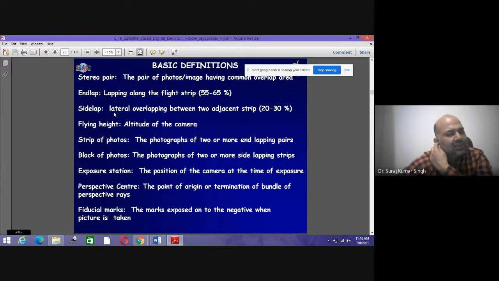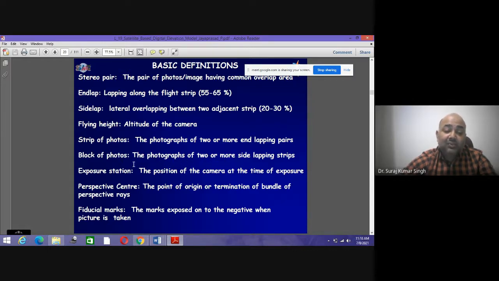Side lap is the lateral overlap between two adjacent strips, which is 20 to 30%. Flying height is the altitude of the camera. A strip of photos is two or more overlapping photographs, and a block of photos is two or more side-lapping strips.